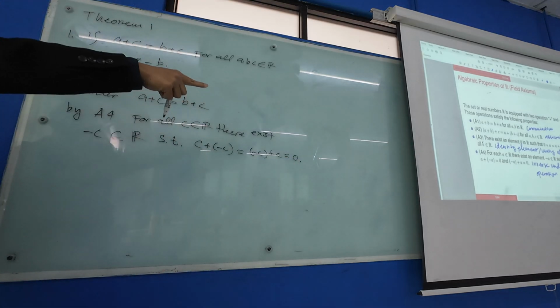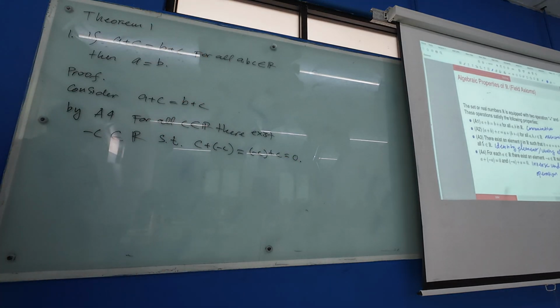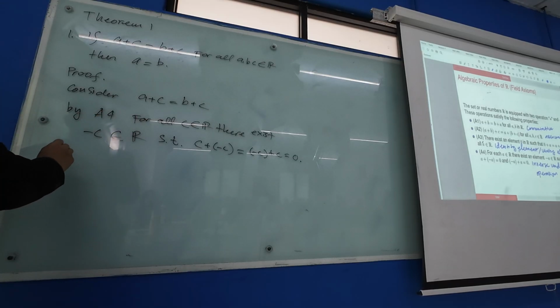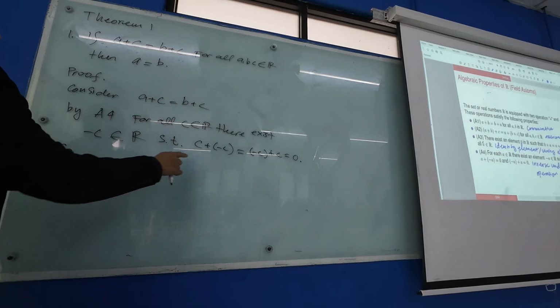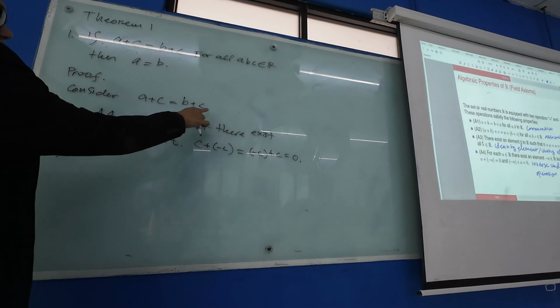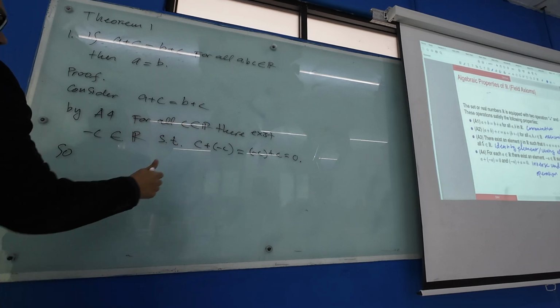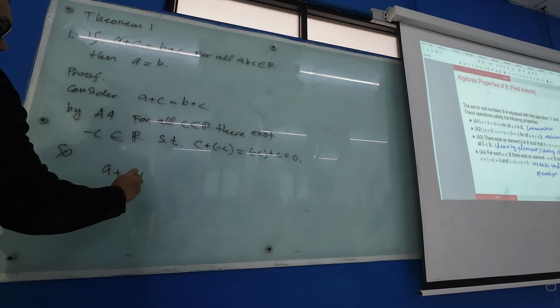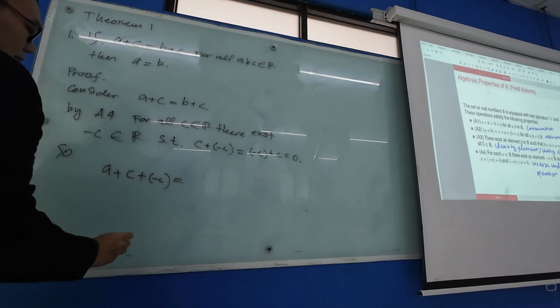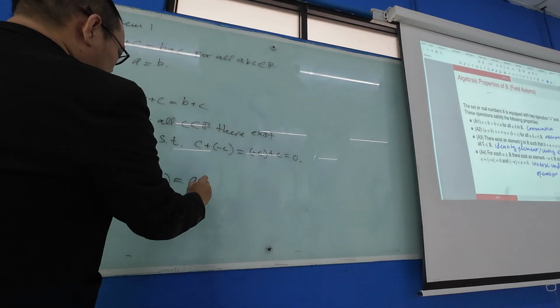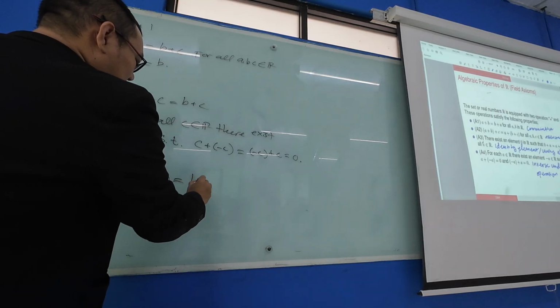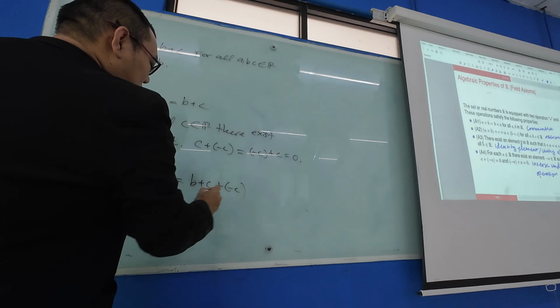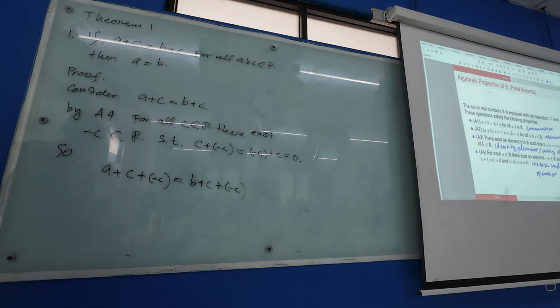That is A4. Now apply here. Because there is C, I can put minus C in here, because it always exists. A plus C plus minus C equals B plus C plus minus C.